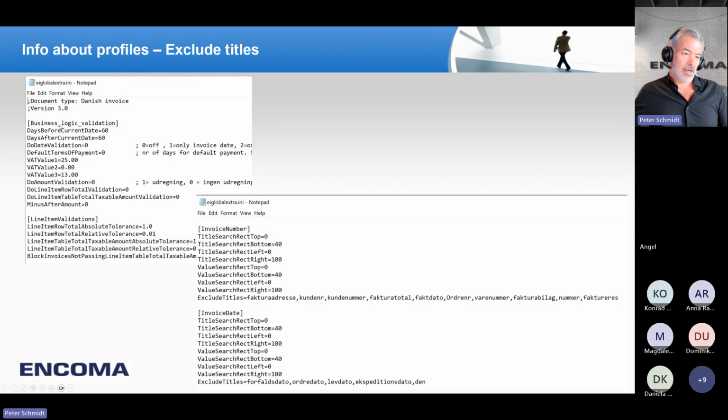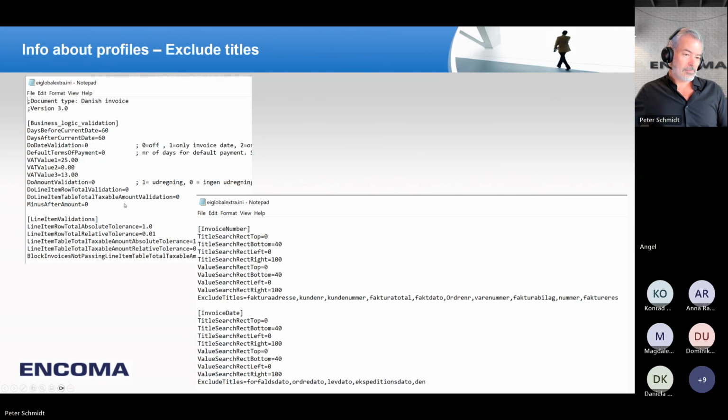Some other logic that we have is we can define how old an invoice can be before we give a warning. We can also define if we want to do validation on dates and amounts as well. We have the VAT rate values that we allow in the system.